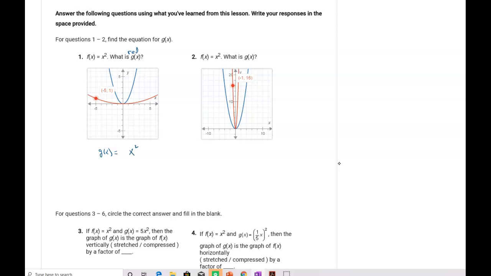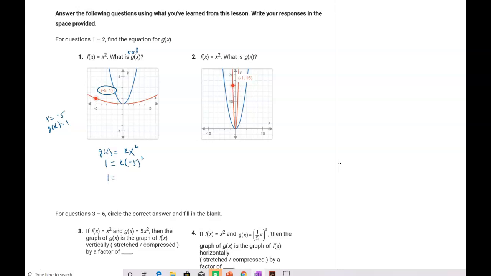Now it's very difficult to tell how much we went up if we go over 1. So we're going to use the point that's given to us. We're going to say x is equal to -5, g of x is equal to 1. And we're going to say g of x is equal to k times x squared. So g of x gets replaced with 1 equals k times -5 squared.